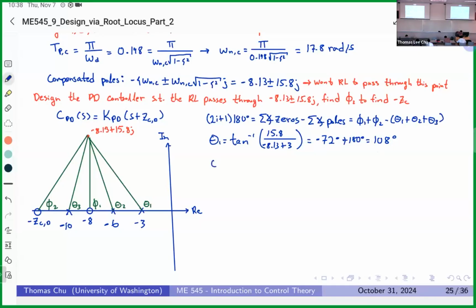Okay, so theta 2 is arctan of 15.8 divided by -8.13 plus 6. Same deal, we get a negative angle, but we're aiming for quadrant 2 because of the positive y component but negative x component. So we add 180 degrees, and that gets us to 97.7 degrees.